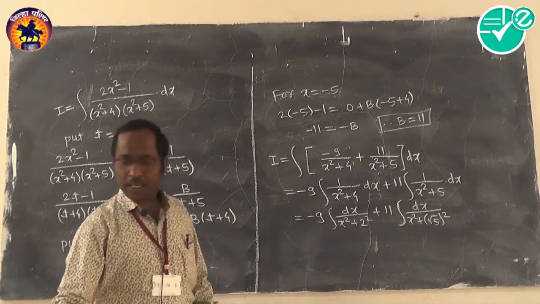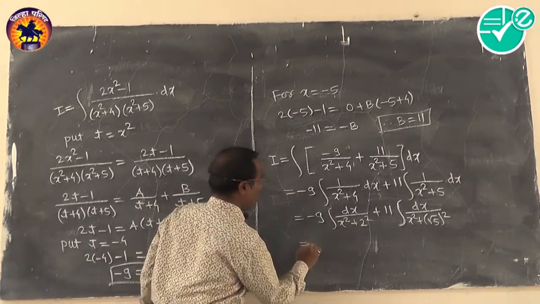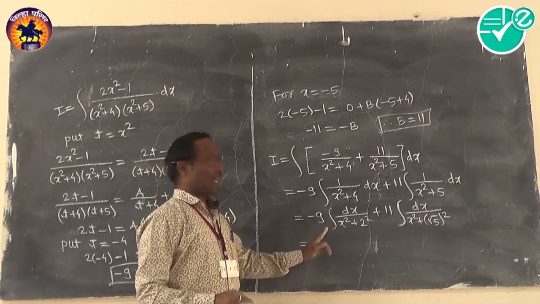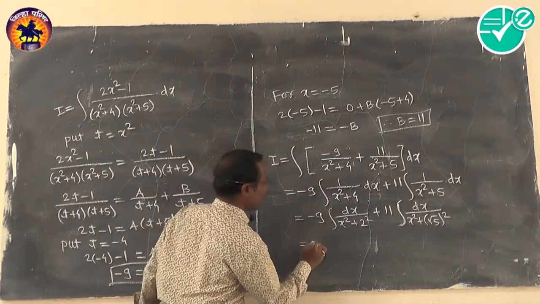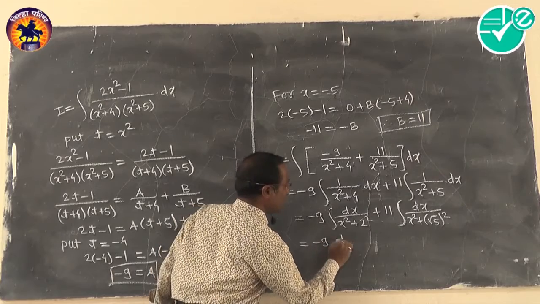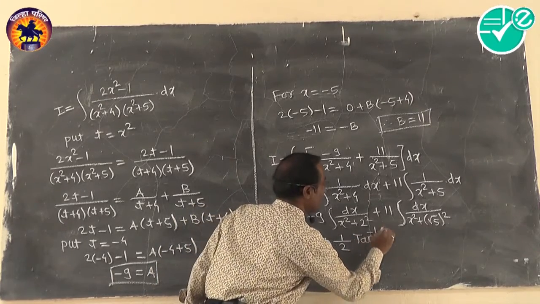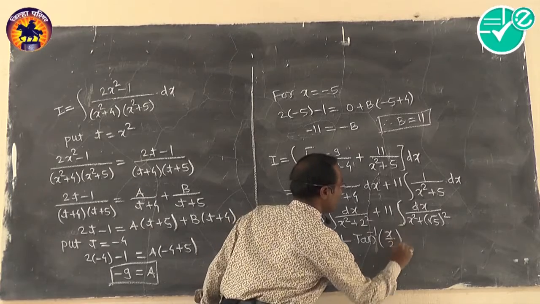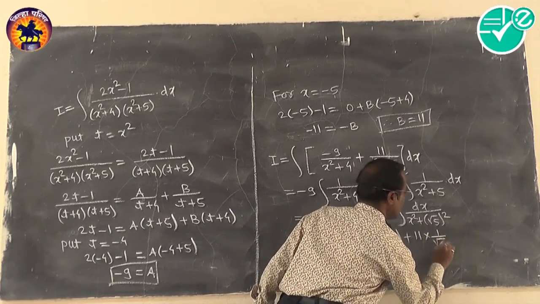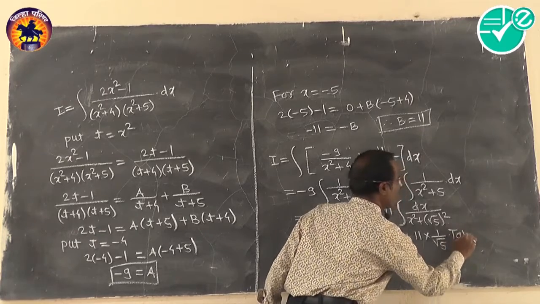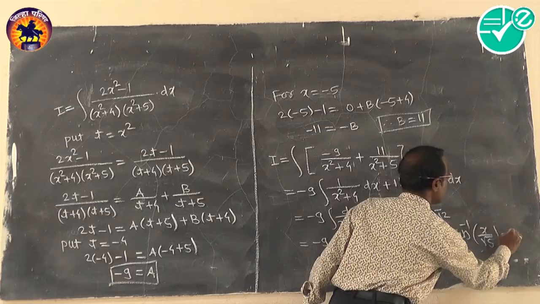By using the special integral formula, we find the integral of dx upon x square plus a square is 1 by a into tan inverse of x by a. So minus 9 into 1 by 2 into tan inverse of x by 2 plus 11 into 1 by root 5 into tan inverse of x by root 5 plus c.